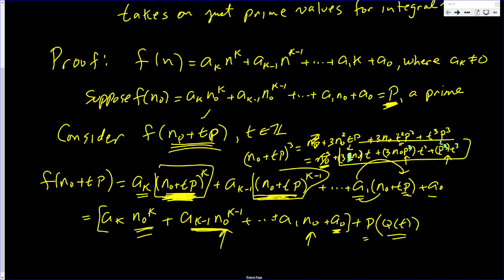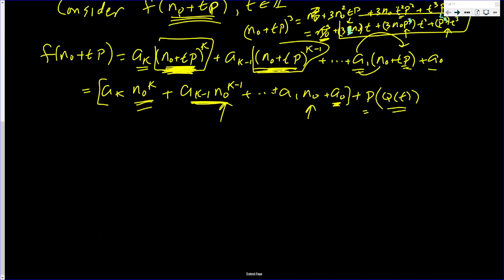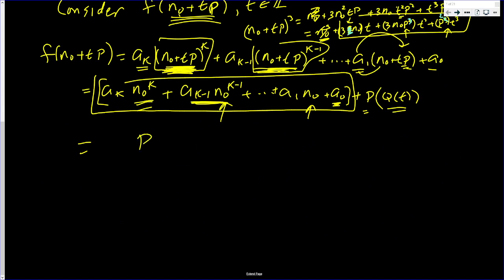And that's what I said. Okay, just a few more lines. This is p plus p times q of t. This is p times 1 plus q of t.